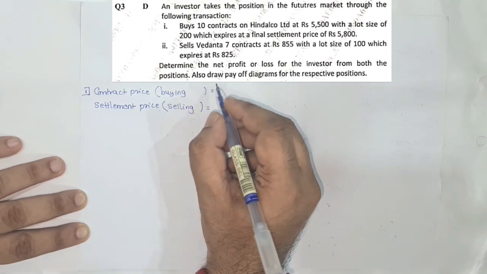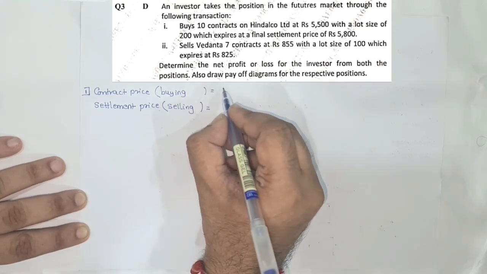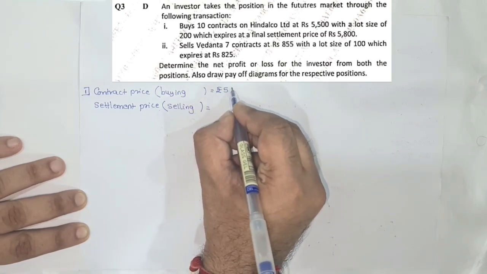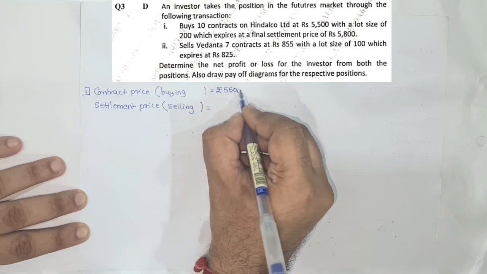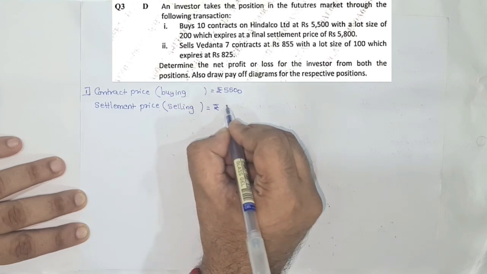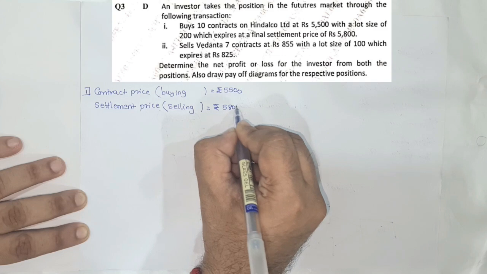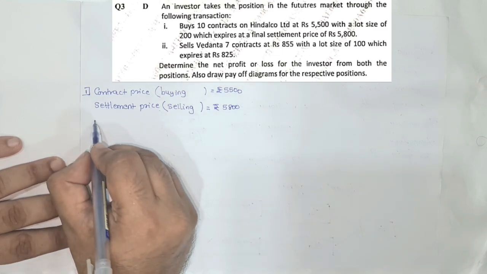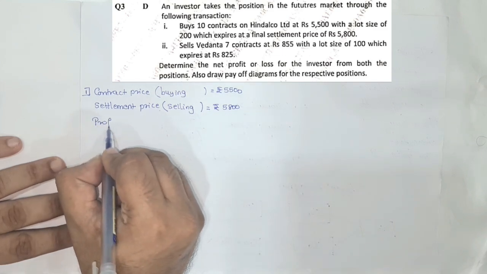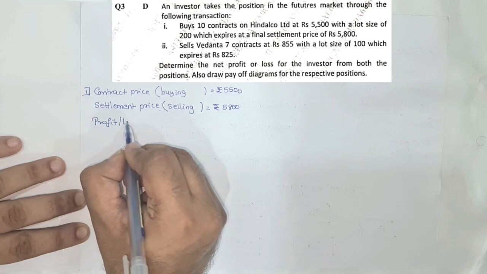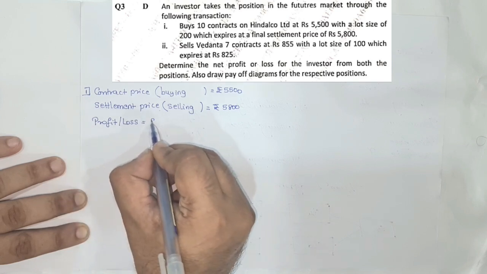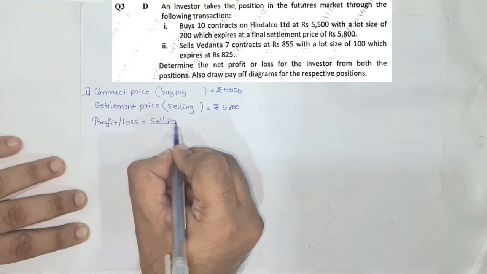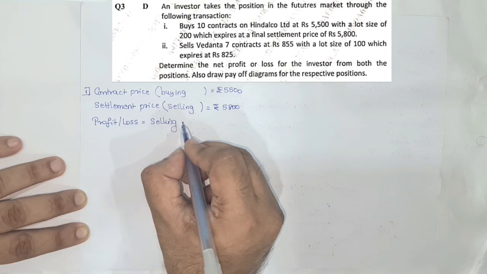So we bought the contract for rupees 5,500, and we sold it for 5,800. After that, the next thing we need to do is find the profit or loss. For that the formula is: profit or loss is equal to selling price minus the buying price.